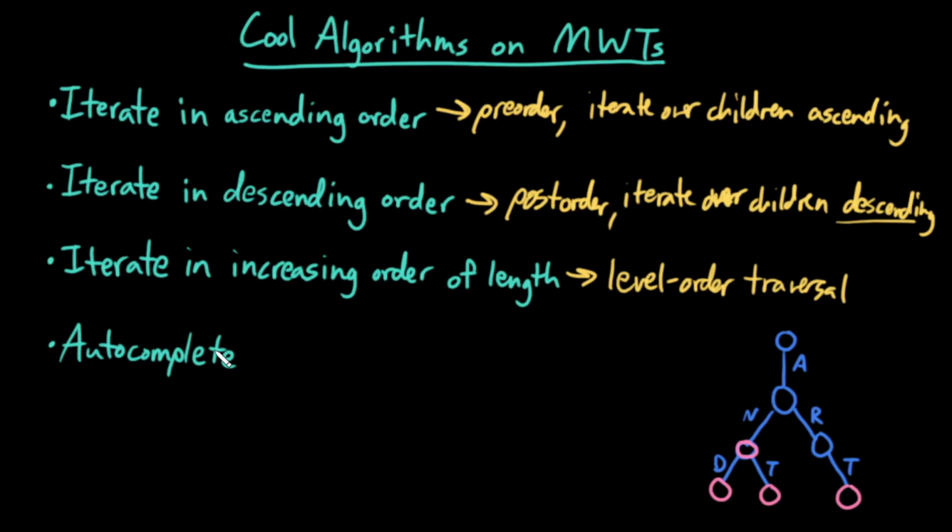And lastly, it's very easy for me to implement an autocomplete functionality. Basically, given some prefix, what are all of the words in my multi-way try that this is a prefix of?